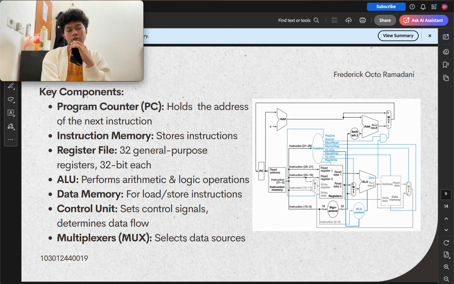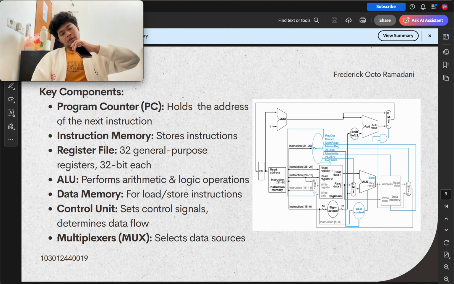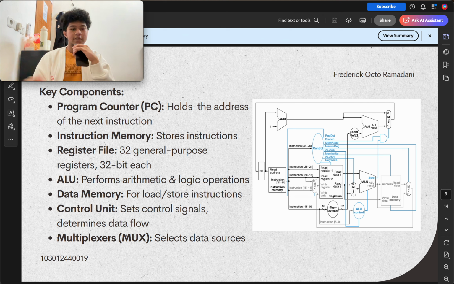The register file contains 32 general purpose registers for data storage, and the ALU or arithmetic logic unit performs arithmetic and logic operations. Data memory is used for load and store instructions, and the control unit generates control signals to manage data flow. MUX, or multiplexers, select between different data sources. All of this works together so that each instruction can be completed in just one clock cycle.